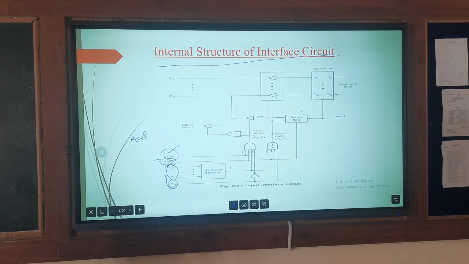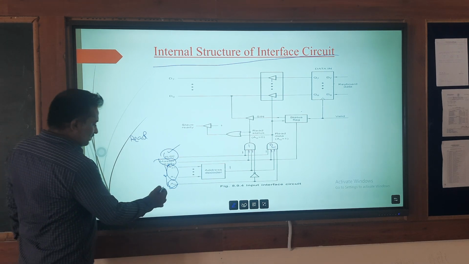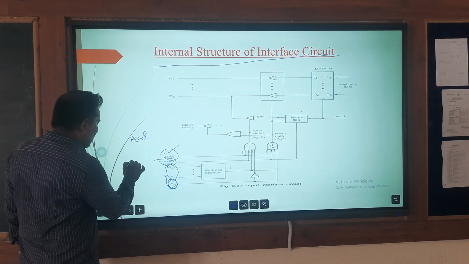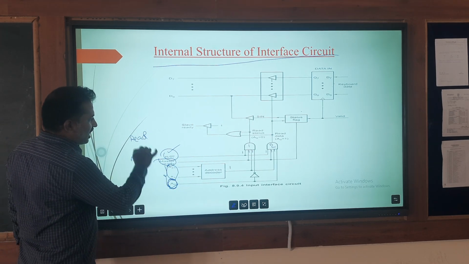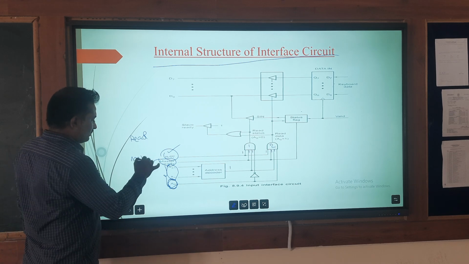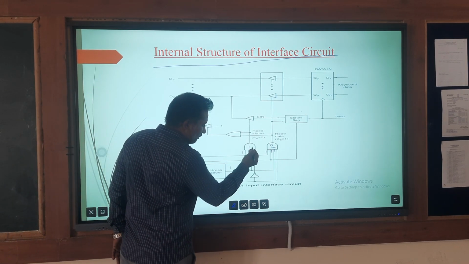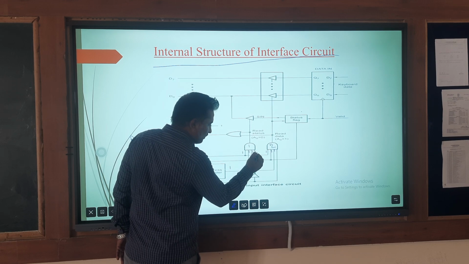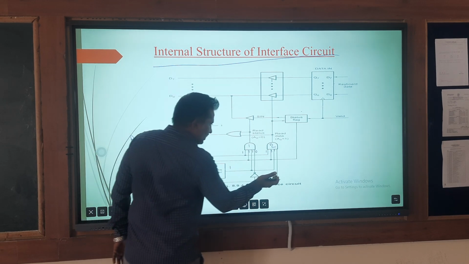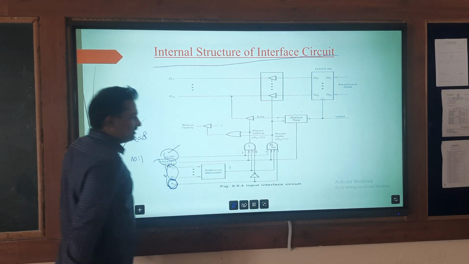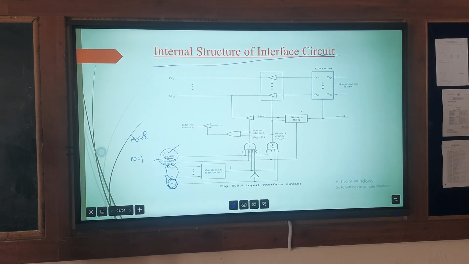Suppose I want to receive the data, then that depends on the A0 signal. If A0 is equal to 1, then what happens? The complement will be applied, so it becomes 0. For the second AND gate, the direct input is applied, so it becomes 1.